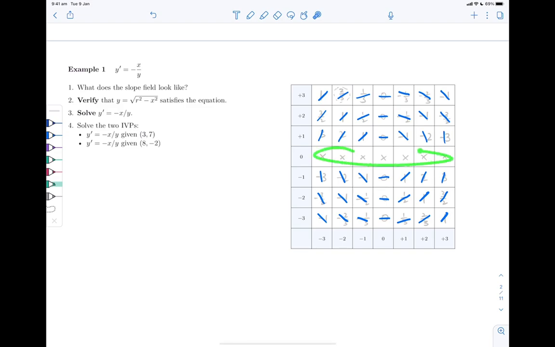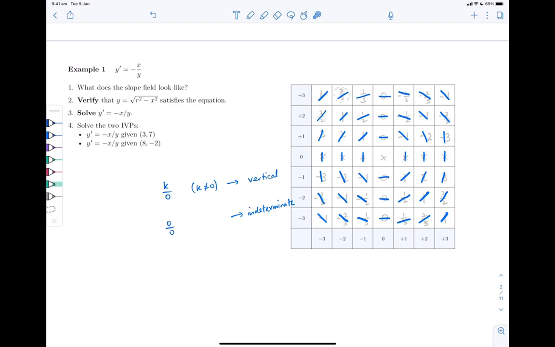Now these ones here, these are vertical, and I'm going to say something about that. But not the one at the origin. So there's a difference between, say, k/0, where k itself doesn't equal 0, that's vertical, and 0/0, which I believe mathematicians call indeterminate.